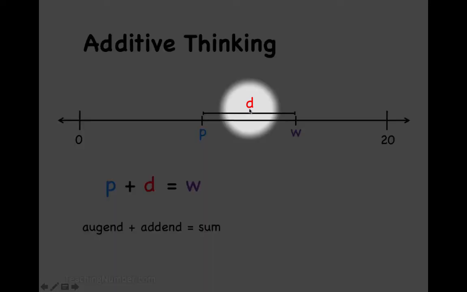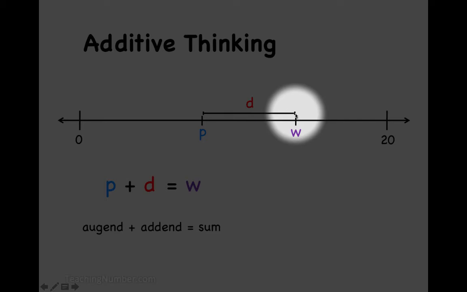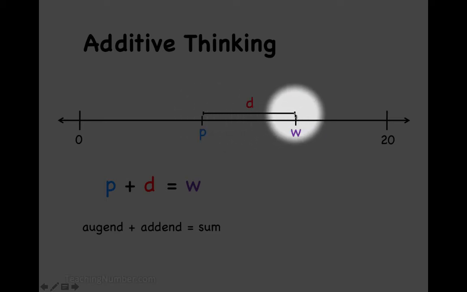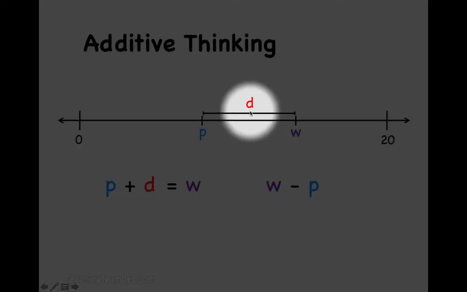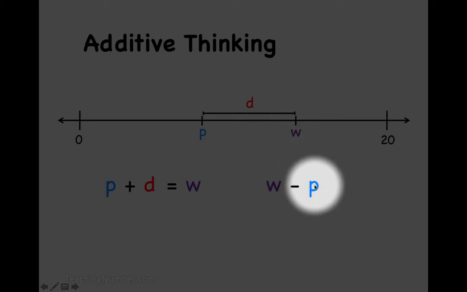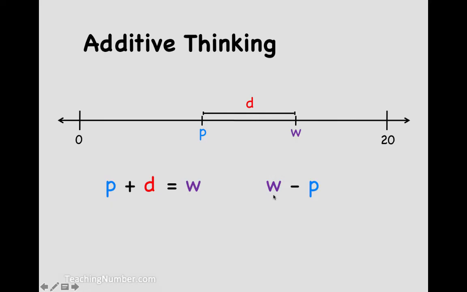We can find D, the different part, by calculating the distance from P to W, or the distance between P and W. And we know that to calculate distance, we use subtraction. So to find D, we subtract the part from the whole. And that gives us the difference.